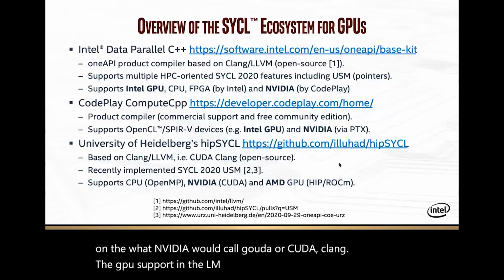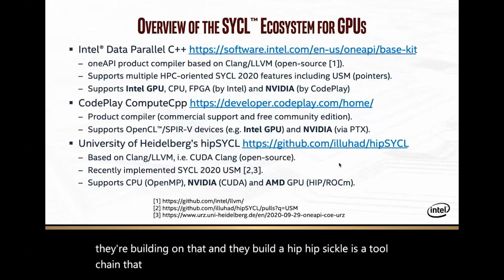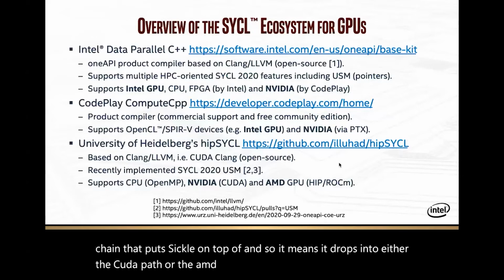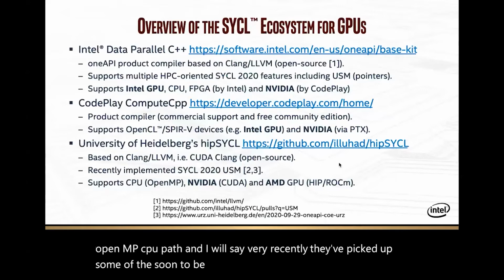So they're building on that, and hipSYCL is a tool chain that puts SYCL on top of that, and so it means it drops into either the CUDA path or the AMD GPU path, and they also implemented an OpenMP CPU path. And I will say, very recently, they've picked up some of the soon-to-be standard extensions that Intel developed, including unified shared memory, which I'll talk about in a minute.